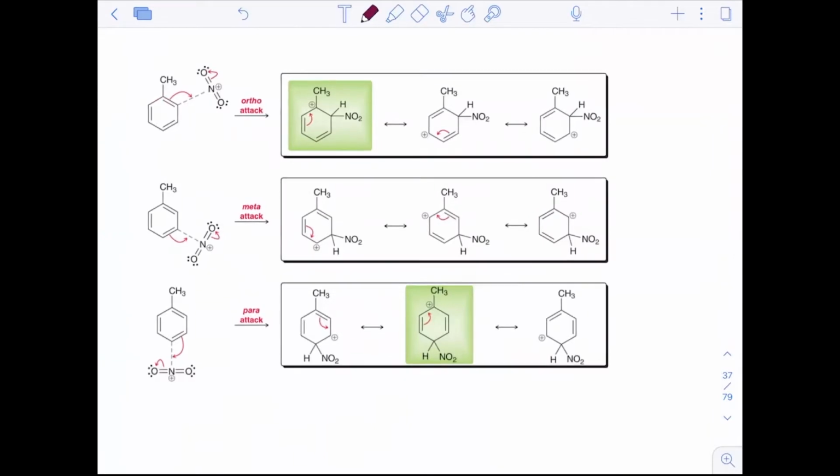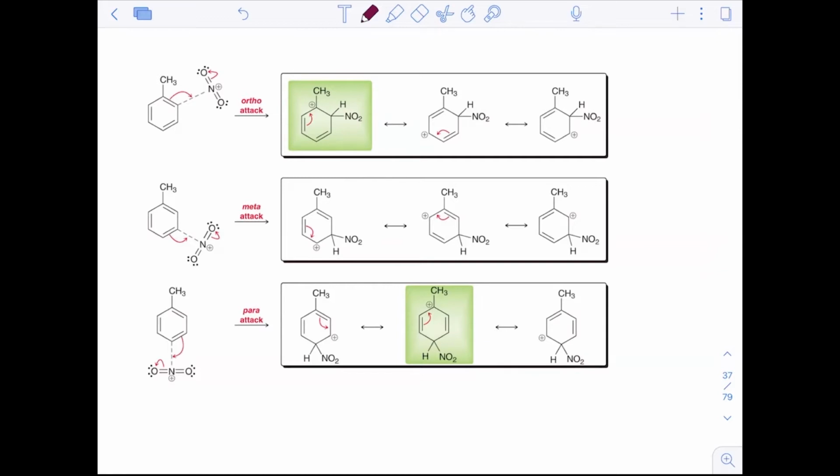Notice how in both the ortho attack and the para attack, highlighted in green there, the positive charge of the sigma complex gets right snugly up next to, that's right, the activating group, the electron donating group. In the meta attack, none of the sigma complexes are actually close to that CH3 group, the electron donating group.